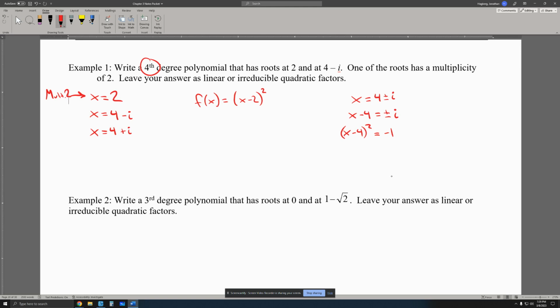Okay, we're going to expand this binomial squared, so we get x squared minus 8x plus 16, and that's equal to negative 1. And then adding 1 to both sides, we get x squared minus 8x plus 17 equals 0. And so this right here is our irreducible quadratic factor, so that's going to be the other factor that we plug into our function. So x squared minus 8x plus 17. Okay, so this is a possible factorization given the criteria above.